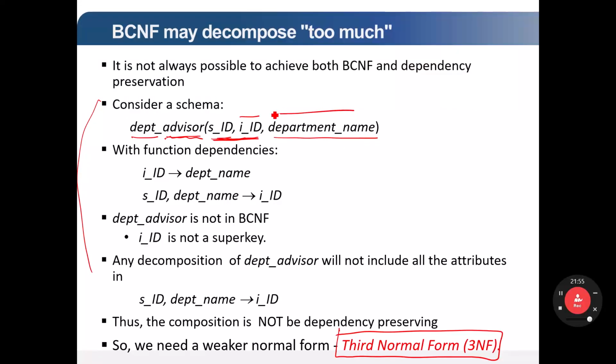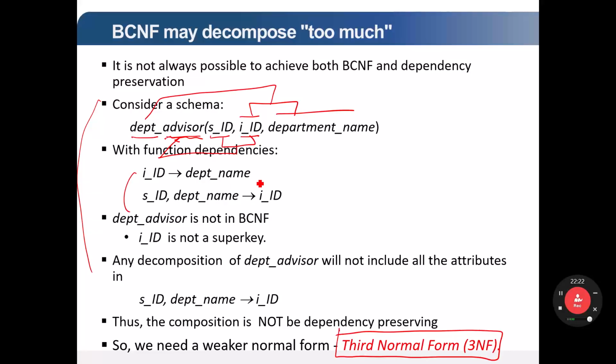Let's label these two. So student ID and instructor ID are from the advisor table, and instructor ID and department name are from the department table. And in this dept advisor table, we have these functional dependencies.